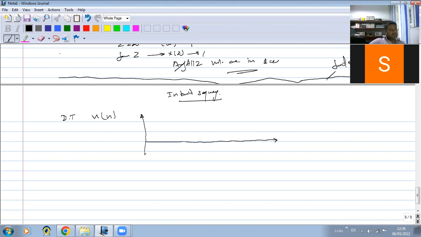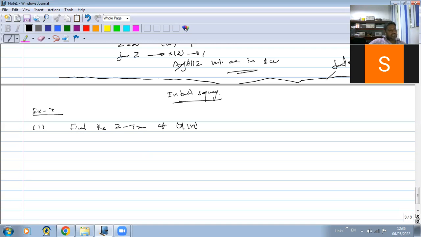So can you try to find? This is somewhat hard, but please take 2 or 3 minutes. This will be our example 4. Try to find the z transform of this discrete unit step function, and the ROC.